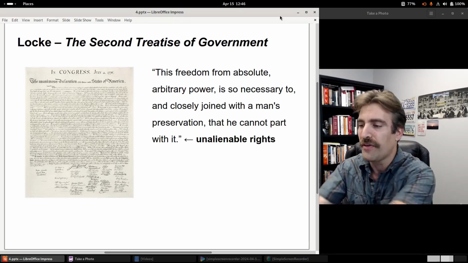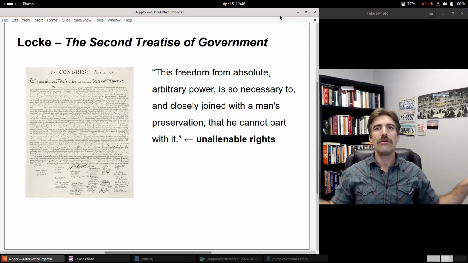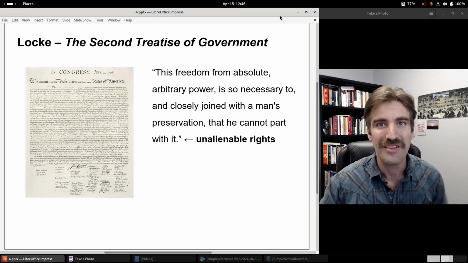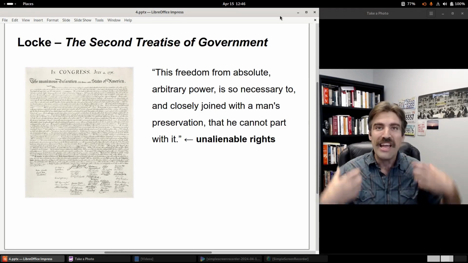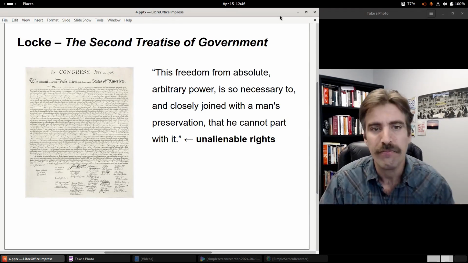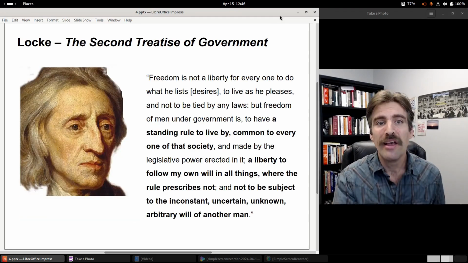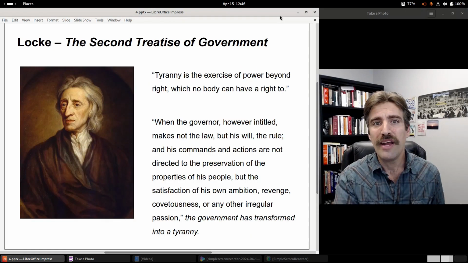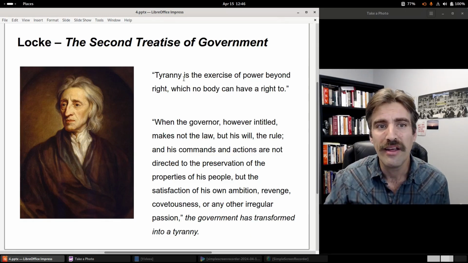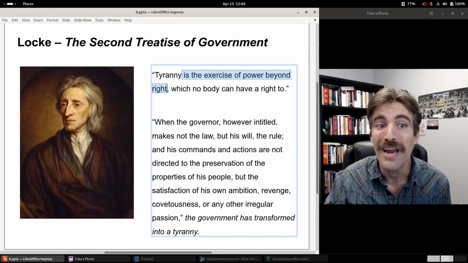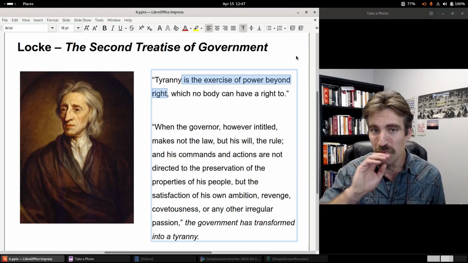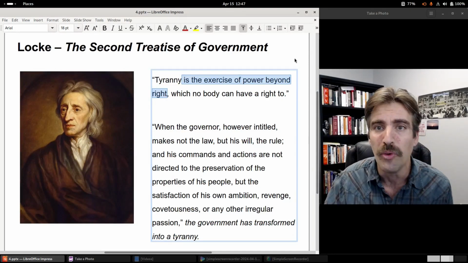They transfer right to the government. Locke says, no. You can't part with these rights. They are unalienable. And if they're unalienable and you have these rights, then tyranny, again, is the exercise of power beyond right, which nobody can have a right to.